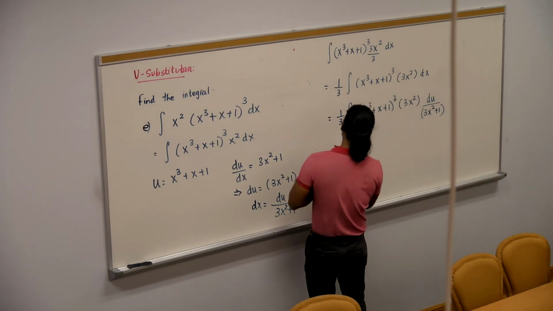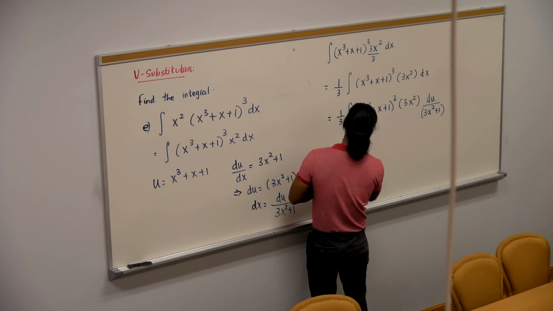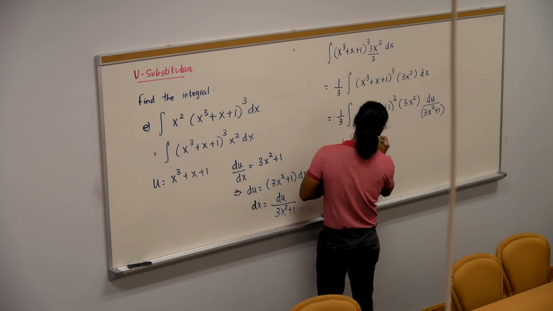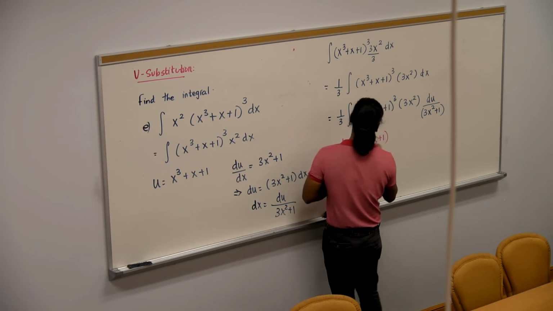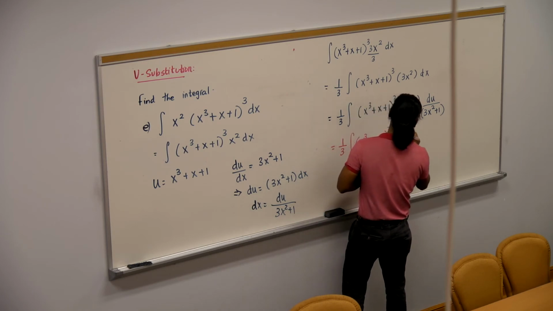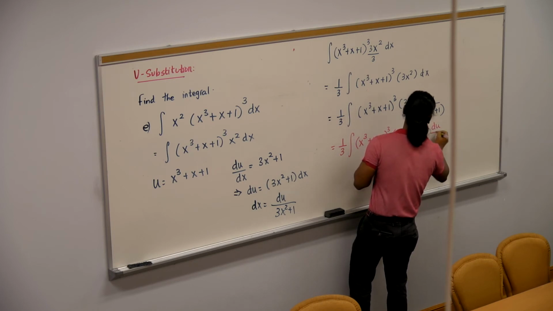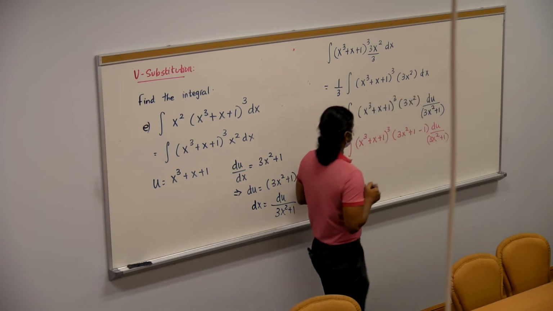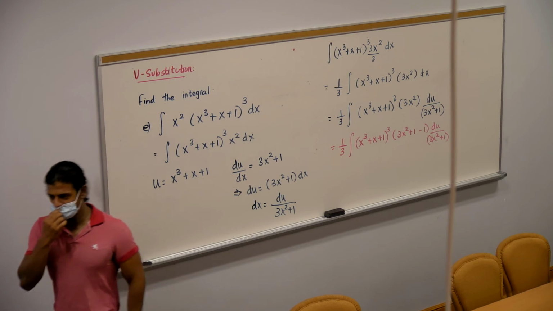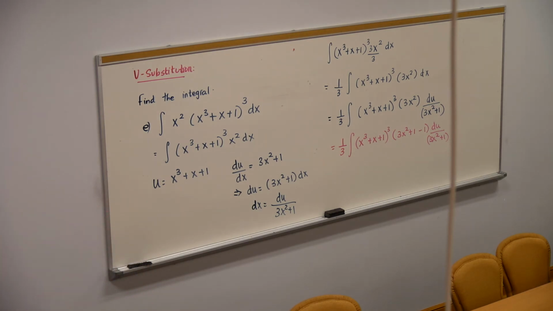What I'm going to do is add and subtract 1. Did I do anything wrong algebraically, just by adding and subtracting 1? What is 1 minus 1? 0. So I didn't do anything, I just added 0 to the 3x squared.